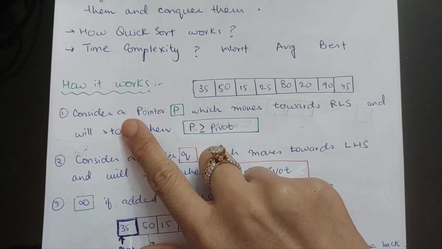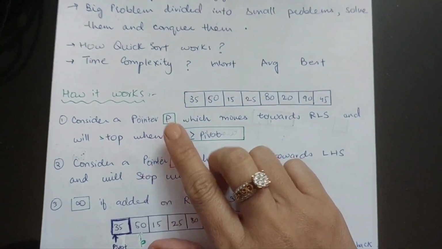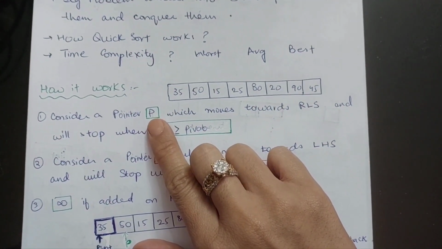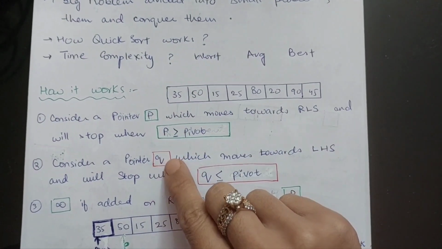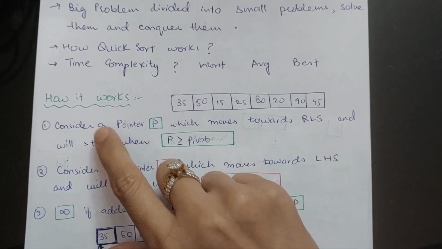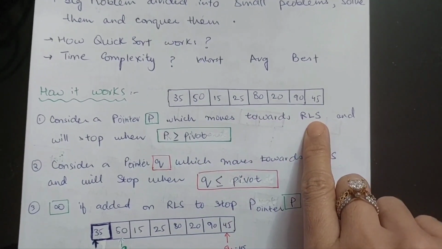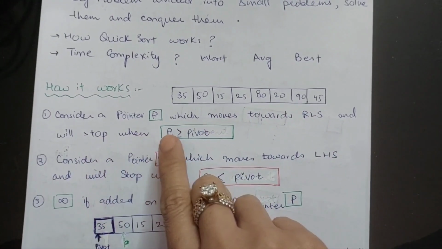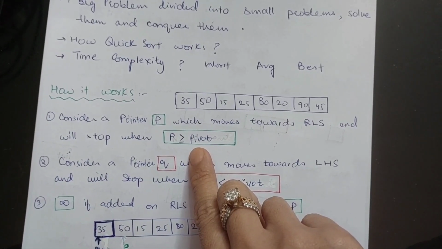In this quick sort algorithm, you will take one pointer p, and you will take another pointer q, and you will consider a pivot point. Consider a pointer p which moves towards the right hand side, and it will stop when the value at pointer p is larger than or equal to the pivot point.